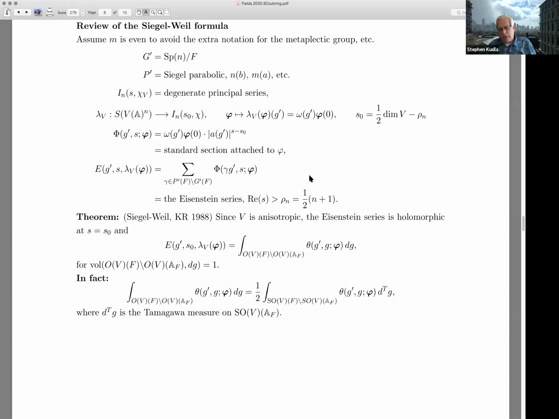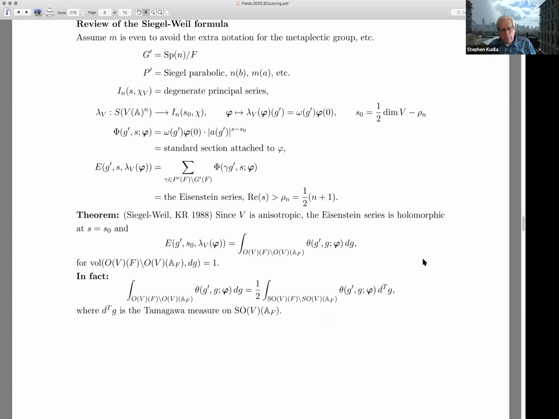So I'd like to evaluate at s naught. And what happens is that s naught can actually often fall, depending on the various dimensions here, inside of the critical strip. And so what's true is that, in fact, when V is anisotropic, there's no pole, and if you take a section coming from the image of the Wallace map, the Eisenstein series is holomorphic at s naught. So we showed that there's no pole at this point for this data.